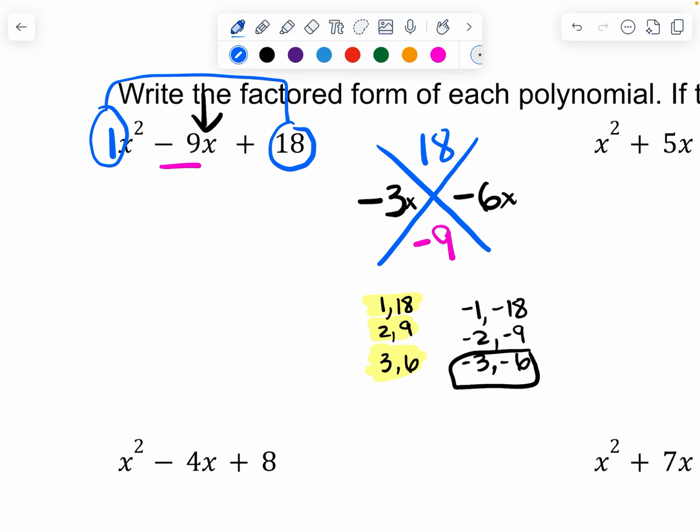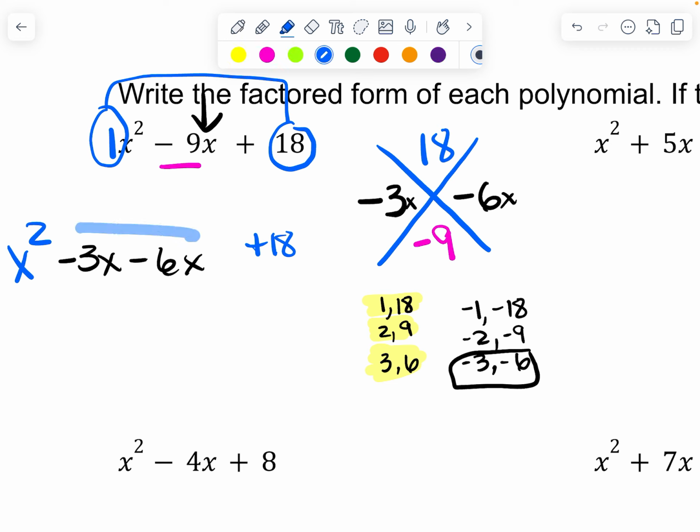So I still have x squared, I still have 18. But in the middle, I'm going to replace the negative 9x with negative 3x minus 6x. Does this part right here still add to this number right here? It does. It still adds to that. So we're perfectly fine in what we're doing. I'm going to put a slash here.